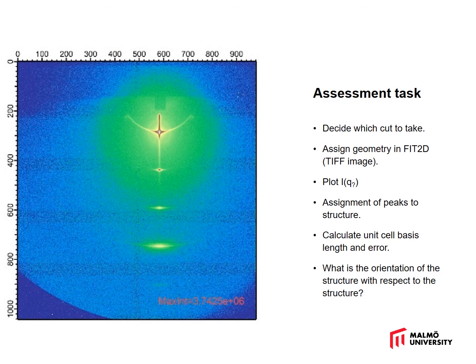We want to look at where the positions of the peaks in Q are, and on the basis of this one can assign a symmetry based on what I talked about in previous slides. We calculate the unit cell basis length and the error, and after all that, you'll have a pretty good idea of what the orientation of the structure is with respect to the substrate.